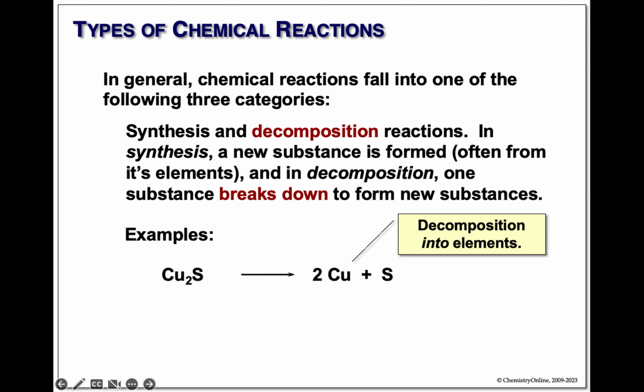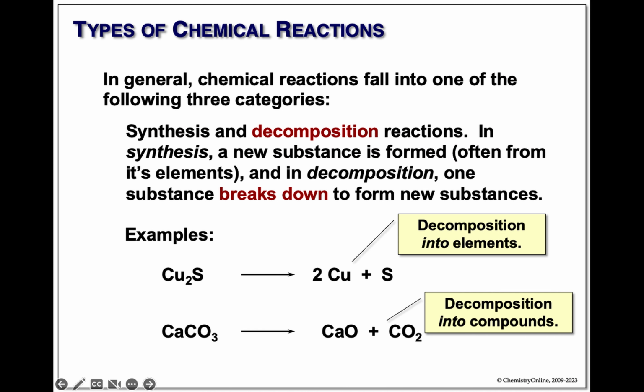Decomposition into the elements. We could also decompose into compounds if you take calcium carbonate. Calcium carbonate is marble, okay? It's chalk. It's concrete. We can heat it up, make calcium oxide and CO2.